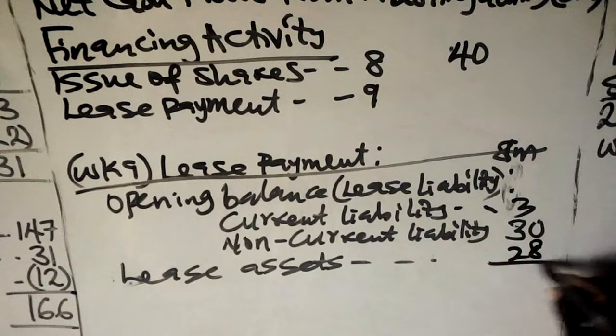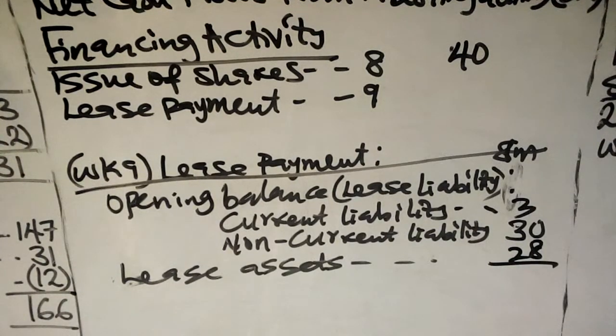If you sum it up, 3 plus 30 plus 28, the total is 61.